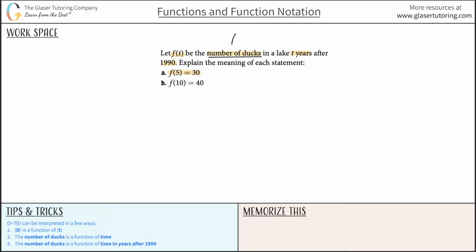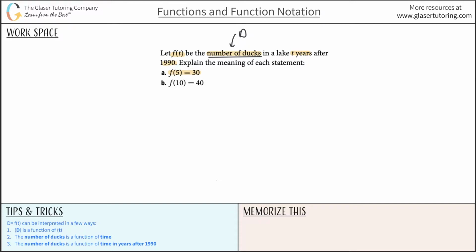I'm going to call the number of ducks letter D. The first sentence says let f of t be the number of ducks. I'm going to reinterpret this, adding a couple of words which are not said but are assumed to be there, as saying let f of t be equal to the number of ducks.